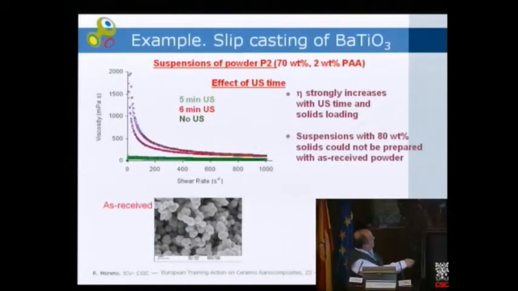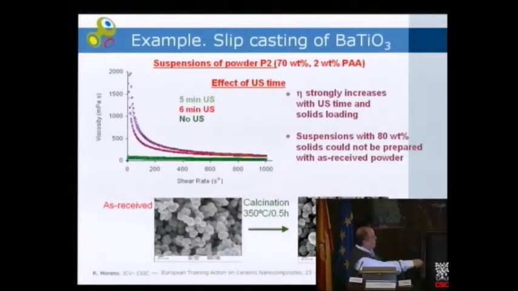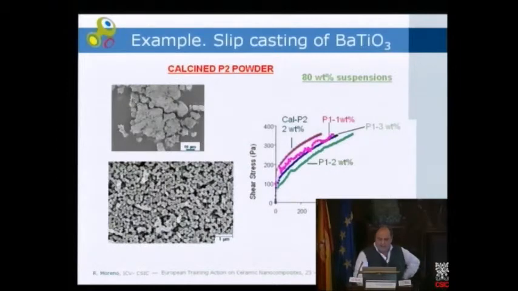In the case of powder P2, when we introduce ultrasound, the suspension destabilizes and the viscosity increases. So it is necessary to calcine the starting as-received powder. But we see here the hard agglomerates formed with 3-4 units of particles.